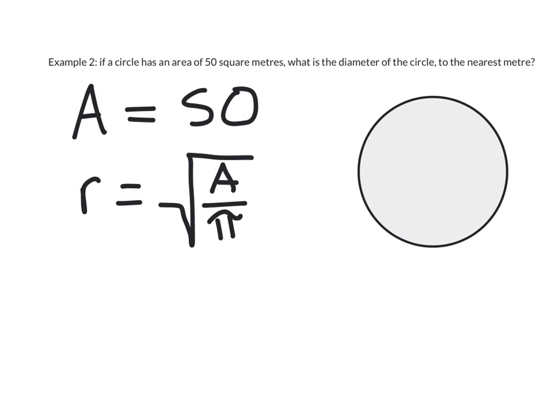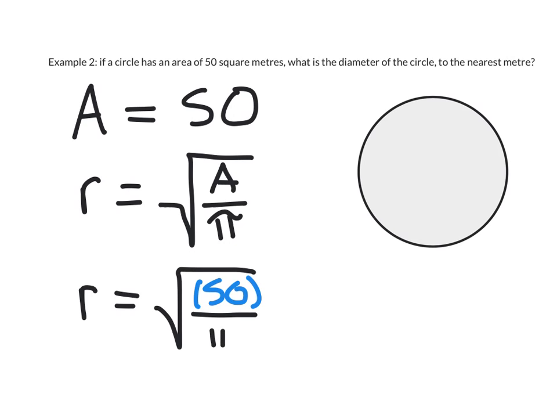So let's find the value of our radius. We know A, so we can substitute in. So the radius will be the square root of, now our area is 50, so we replace that A with 50, and it's divided by pi. So the square root of 50 over pi.